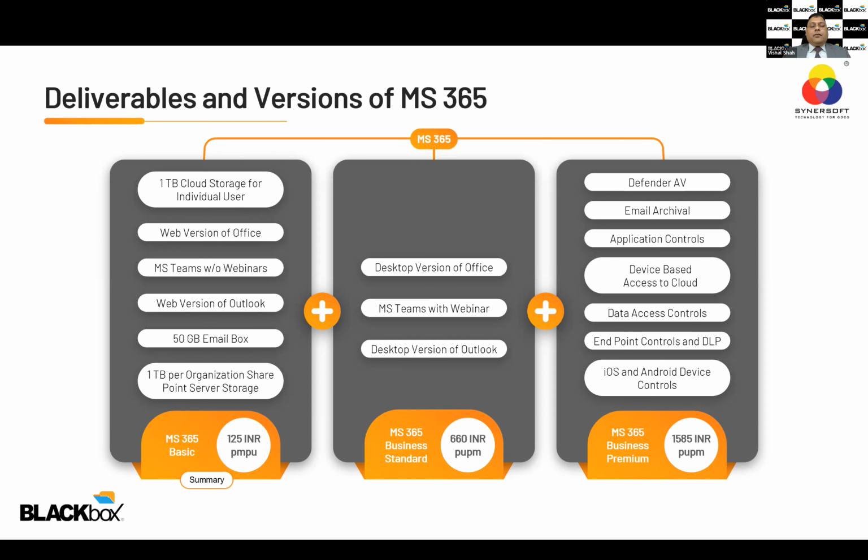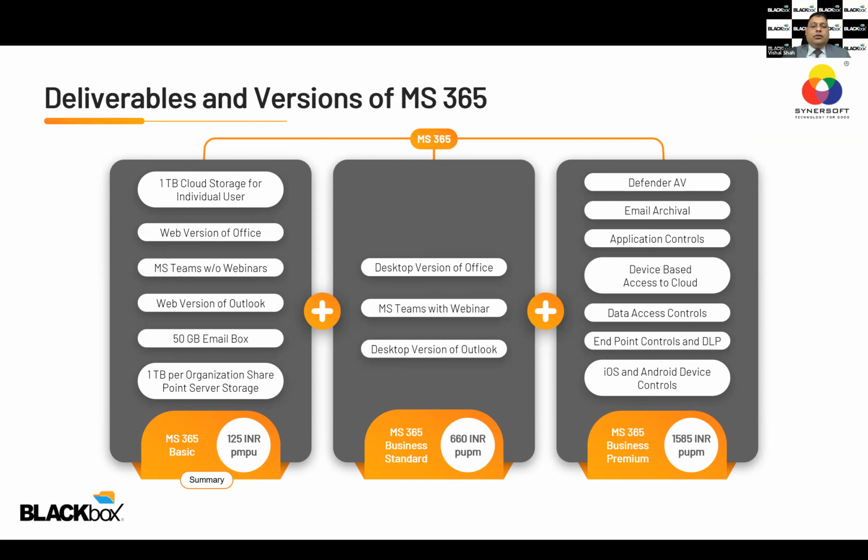So I would say 50% of the attendees would require to subscribe for 1,585 INR per user per month if they choose Microsoft to provide all these services. And I would say 90% of the attendees would require to choose 660 INR PUPM, because 90% of the people required the MS Office desktop edition.